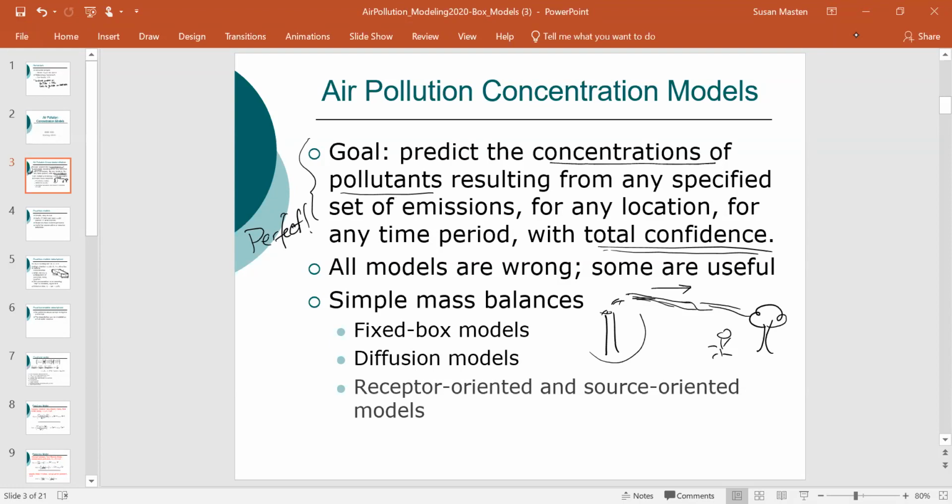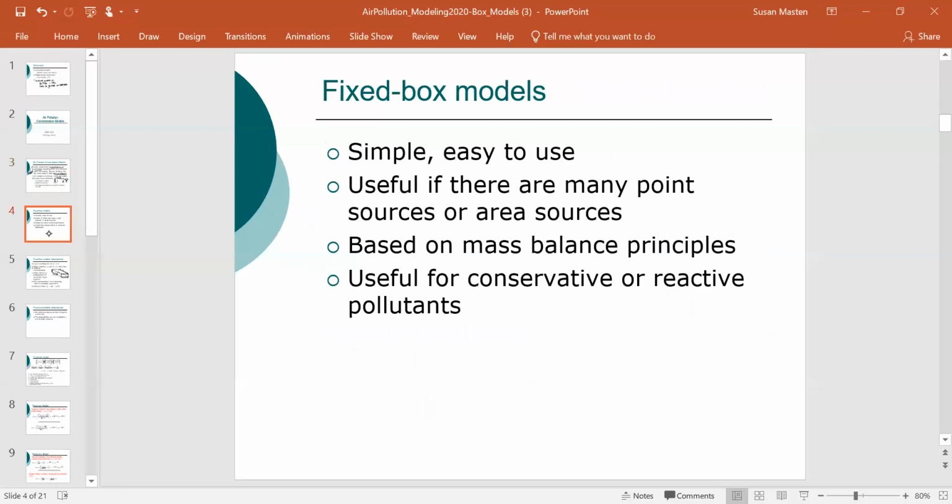But we still can use these models, and we'll talk about some of these uses a little bit more. But basically, we want to be able to predict, for instance, with an initial permitting application, what might we expect in terms of concentrations downwind.